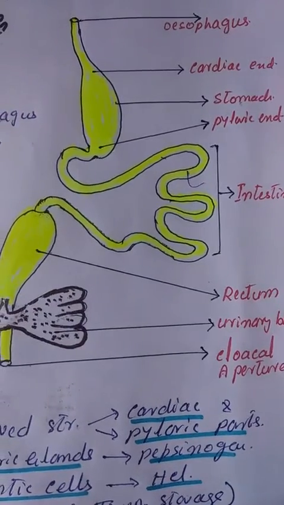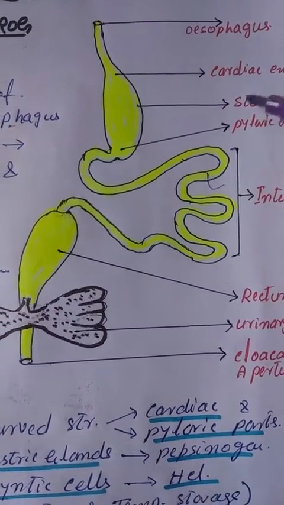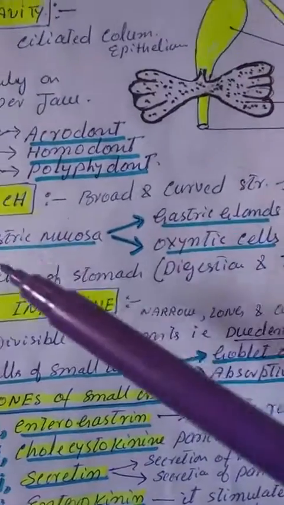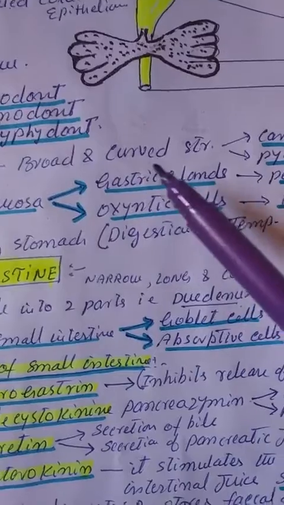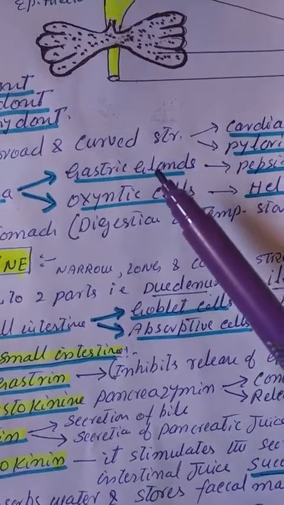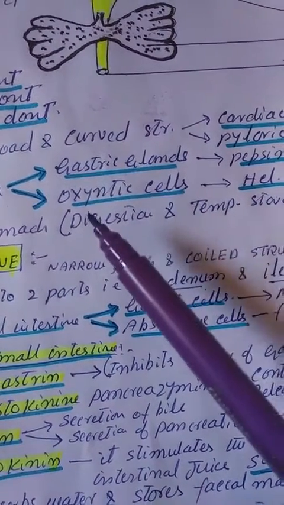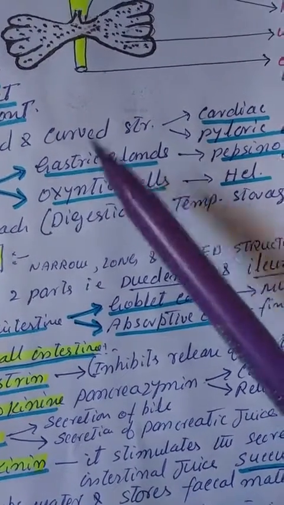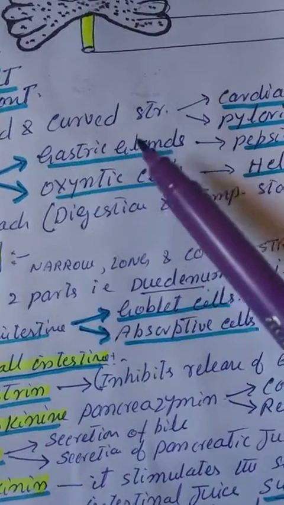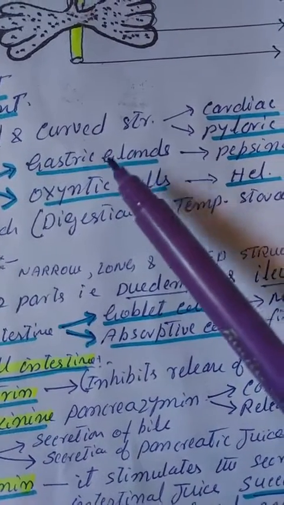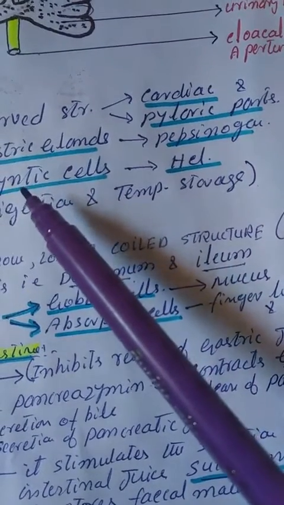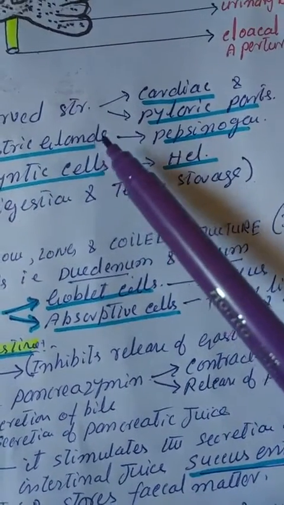The gastric mucosa contains two types of cells: the gastric glands and the oxyntic cells. Gastric glands are multicellular and secrete the enzyme pepsinogen, while oxyntic cells secrete hydrochloric acid.